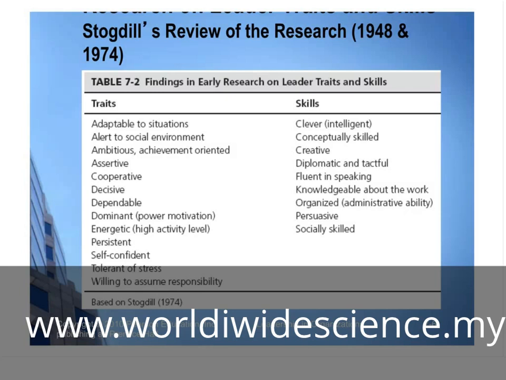So these traits show us what leaders generally are, what type of skills and traits they generally have. Most of the time they should be adaptable to situations, because if you are a leader and you are only able to perform under a certain type of situation, and not all situations, you would have a lot of problems.